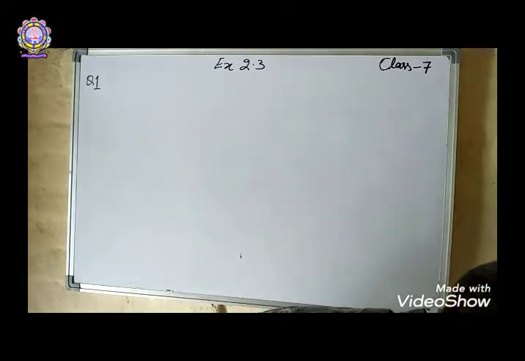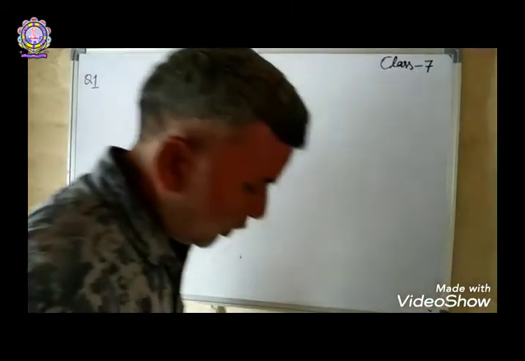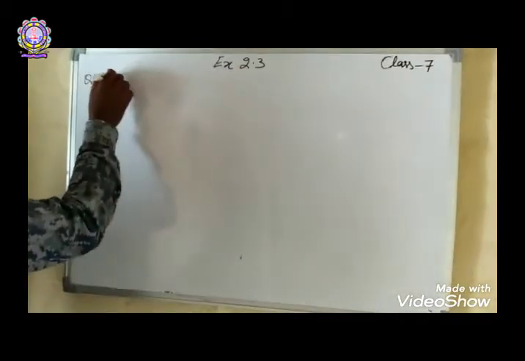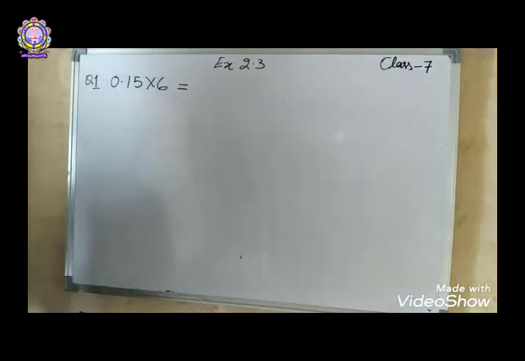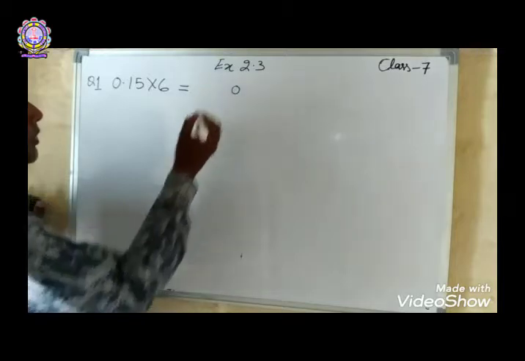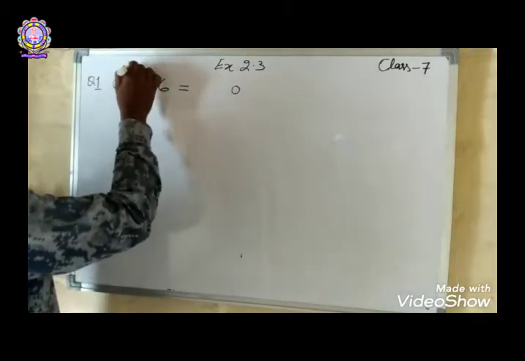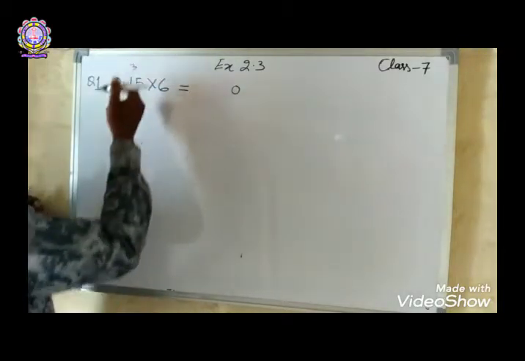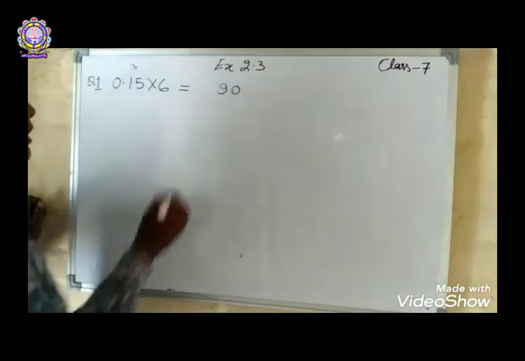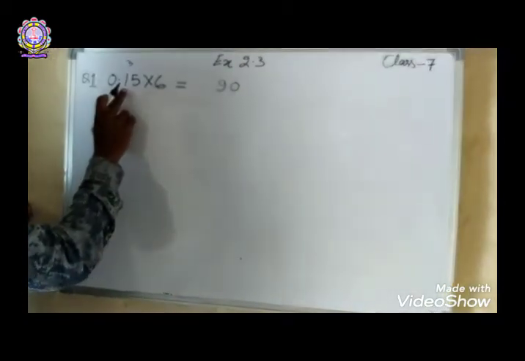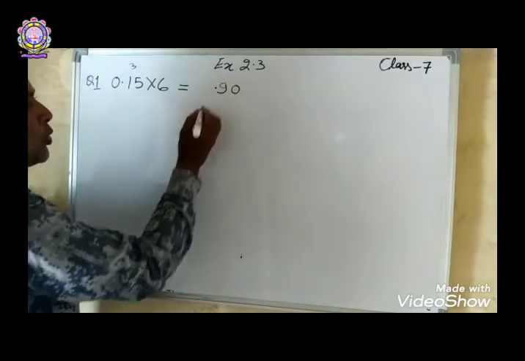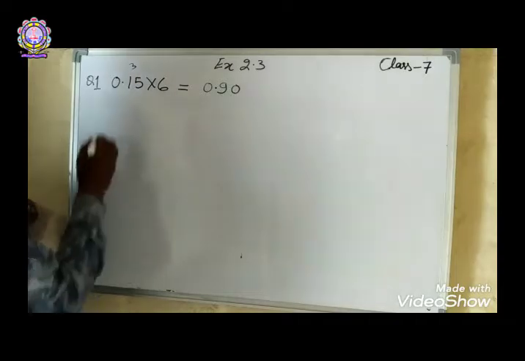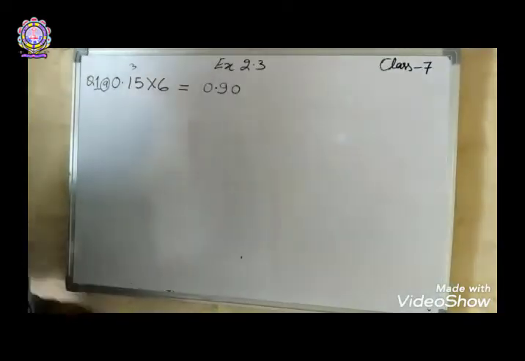First question is 0.15 multiplied by 6 is equal to. So first we multiply by 6. 6 5s are 30, so 0, 3 carry. And 6 1s are 6, and 3 is 9. And the decimal here before 2 digits. We also write the decimal before 2 digits. This is the A part.